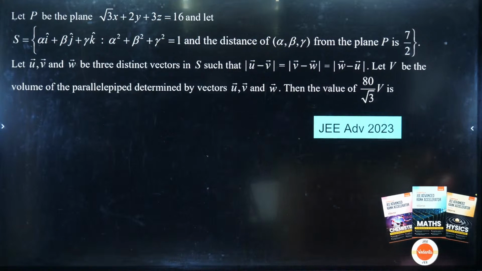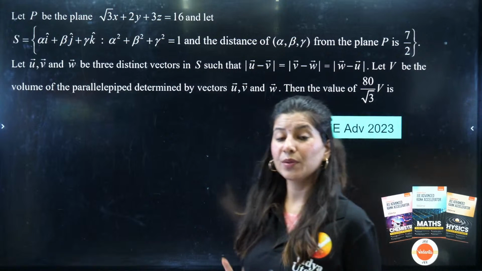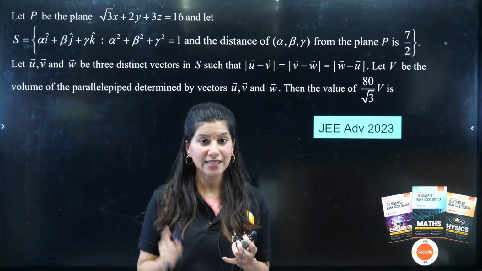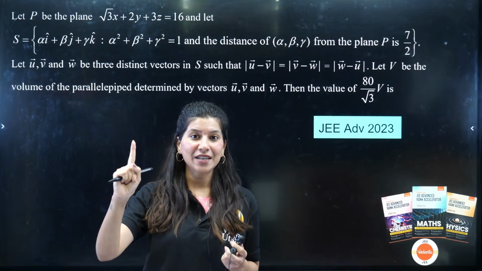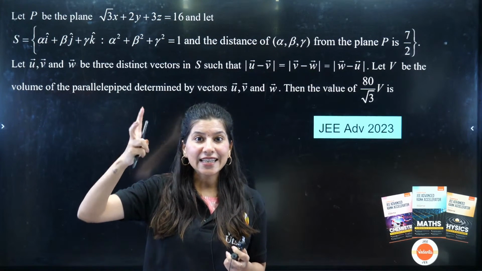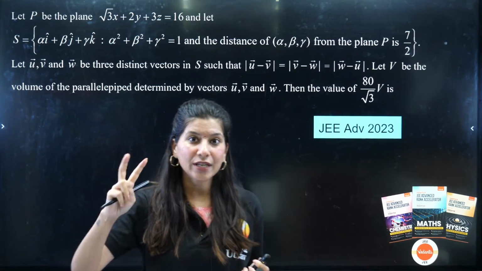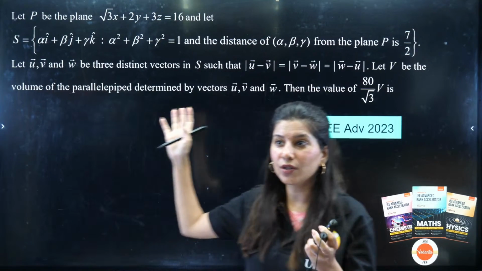Let me just minimize it. So we need to understand this visual. In this question, what is required is, number one, visualization. Number two, the sentence dots should get connected. The sentence decode you have to do.